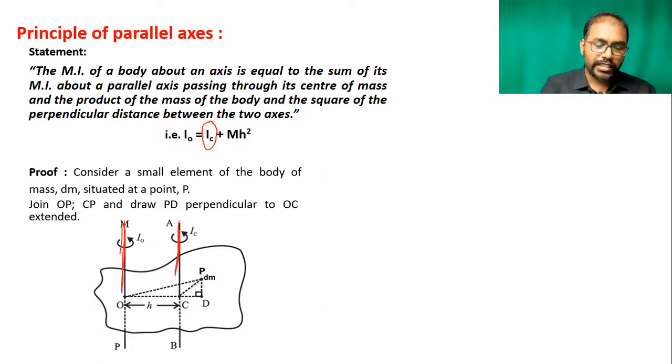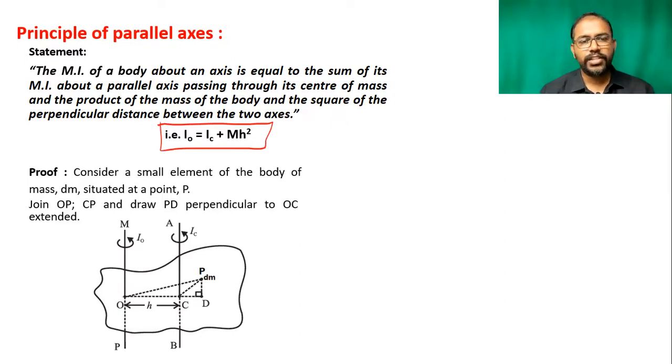You can see IC is passing through the center of mass, and the product, the multiplication of these two, the product of the mass of the body, M is the mass of the body, and the square of the perpendicular distance between two axes, or the perpendicular distance between two parallel axes. So when you remember this statement, you have to remember this mathematical equation, and write that equation in words, and you will get the statement.